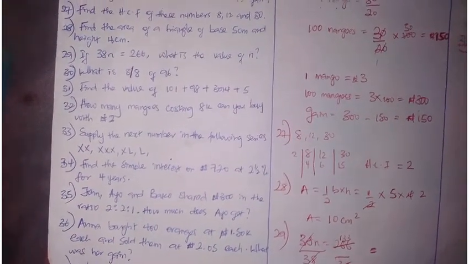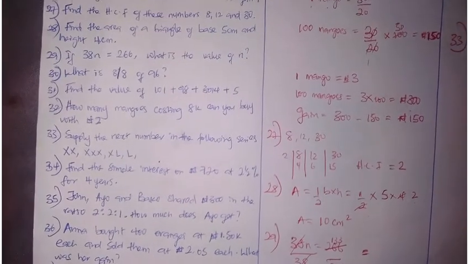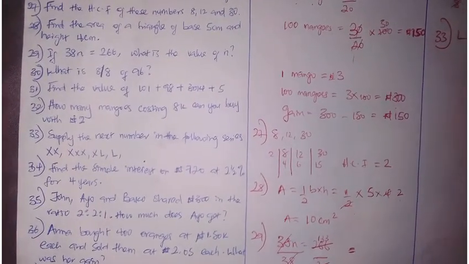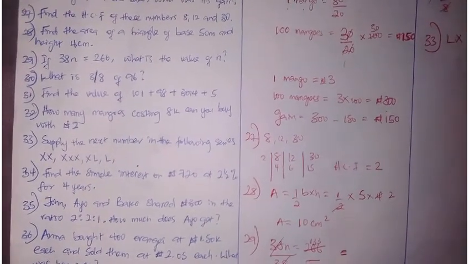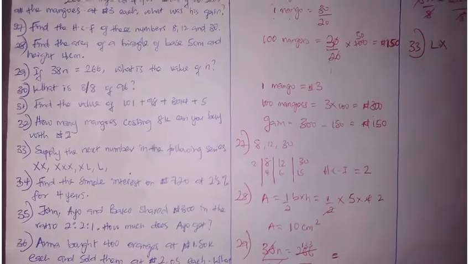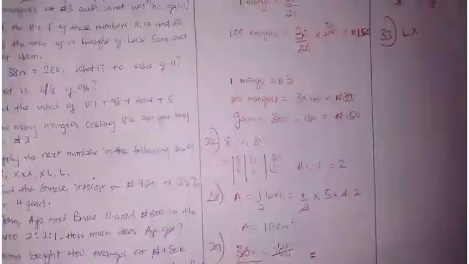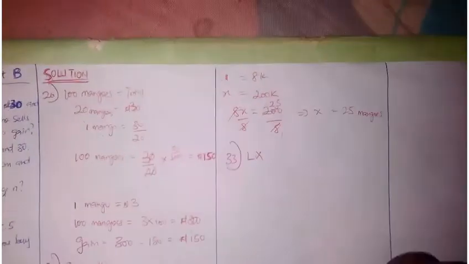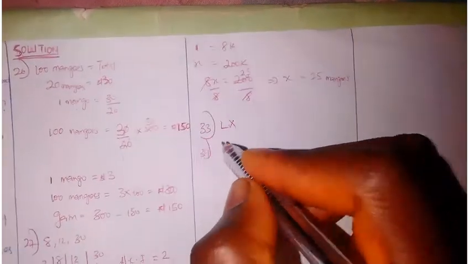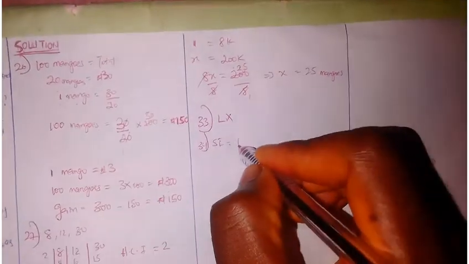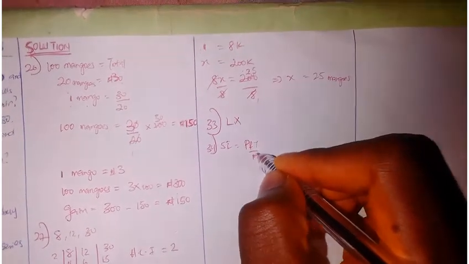Okay, so let's see the next question, number 34 now. Find the simple interest on 720 naira at 2.5% for 4 years. Simple interest formula is what? SI equals what? PRT over 100.